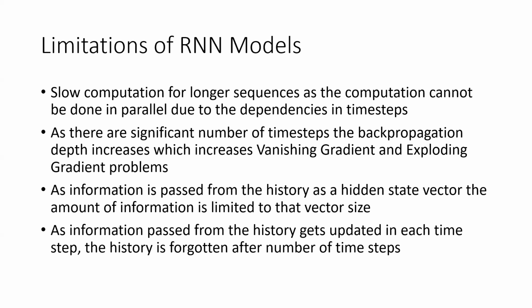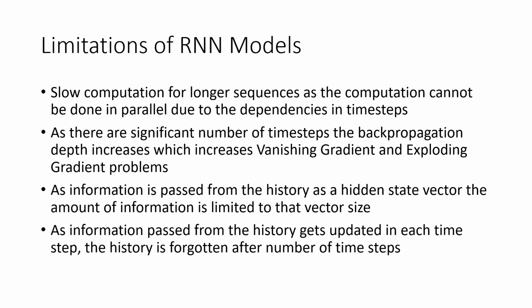And the other main issue with all the RNNs, LSTMs, and GRUs is that when processing, the information has to be passed through the hidden state. So the information passed from the history is limited to the vector size of the hidden state.